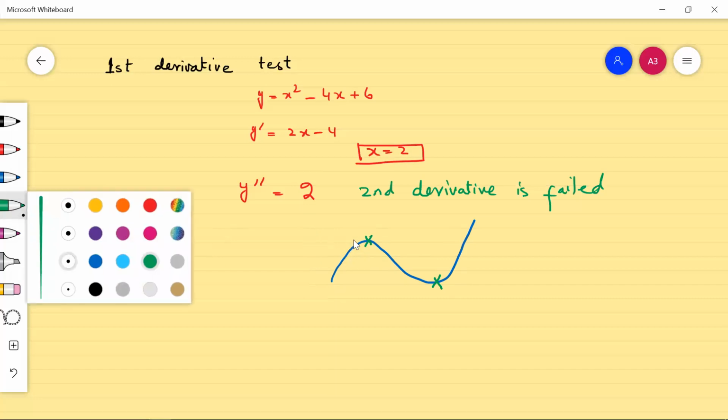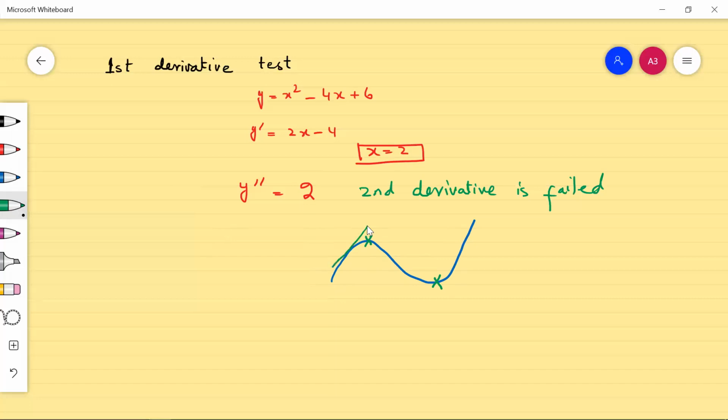You have to draw a slope before this point and then after this point. Before this stationary point, the slope would be positive, while after this stationary point, the slope will be negative.